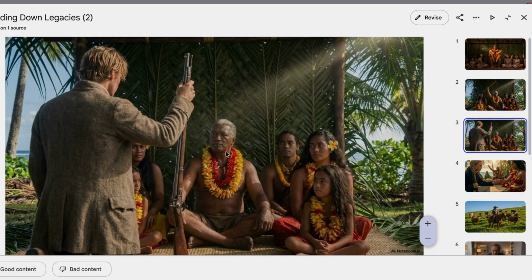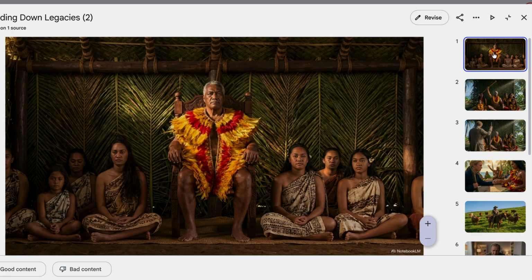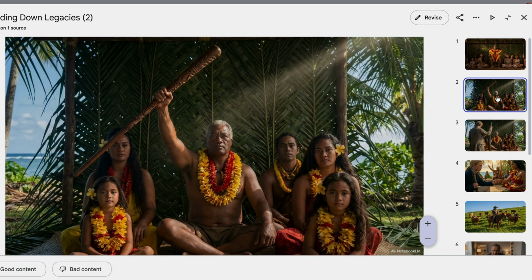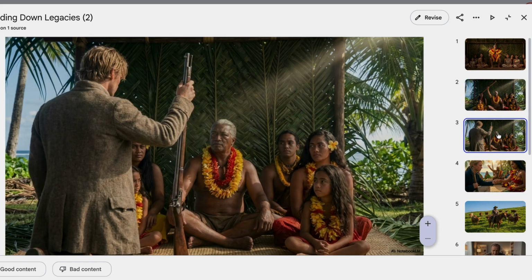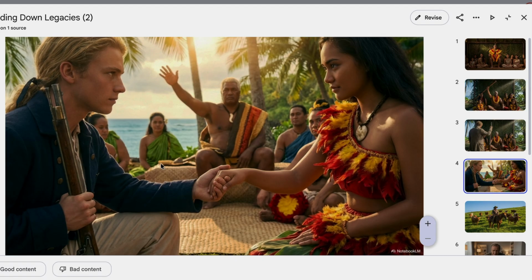Good. So, as you can see, we've created images to illustrate a story from 1805, to recreate what it might have looked like, to have King Kamehameha with his wives and kids, and meeting John Palmer Parker, the sailor, and how John Palmer Parker married King Kamehameha's granddaughter.